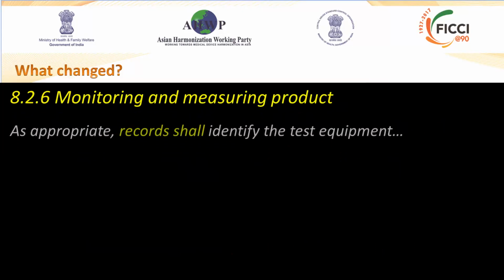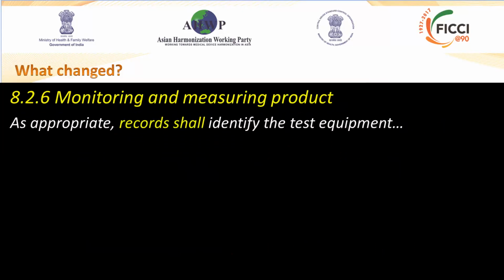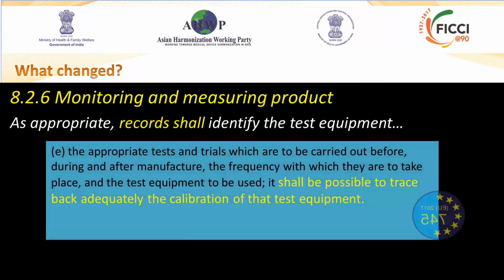Monitoring and measuring of product, and it says as appropriate, records shall identify the test equipment. So this is also a requirement in Annex 9 of the European regulation, where it says appropriate tests and trials which are to be carried out before, during, and after manufacture, the frequency with which they are to take place, and the test equipment to be used.